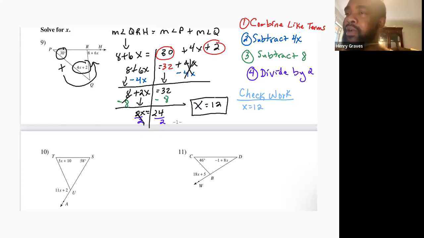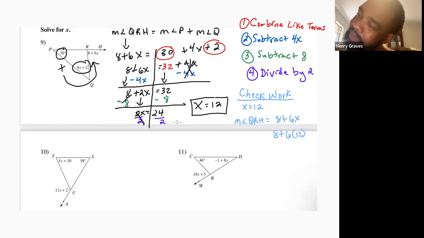The measurement of angle QRH is 8 plus 6x, so we'll do 8 plus 6 times 12. Replace the x with 12. So that'll be 8 plus 12 times 6 is 72, which is 78. Then the measurement of angle Q is 4x plus 2. I'm going to do 4 times 12 plus 2, which is 48 plus 2, which is 50.